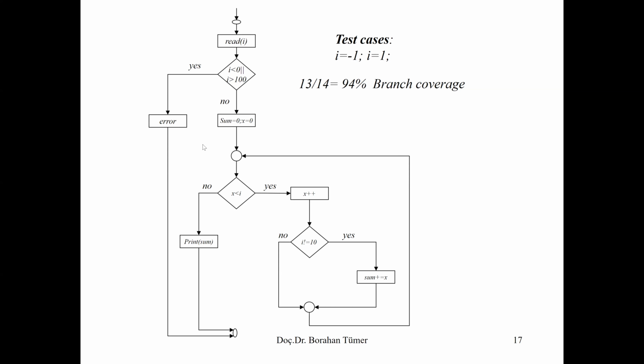So out of 14 edges, I only test 13, and I don't get to test this one with I equal 10 missing here. So I get a 94% branch coverage.